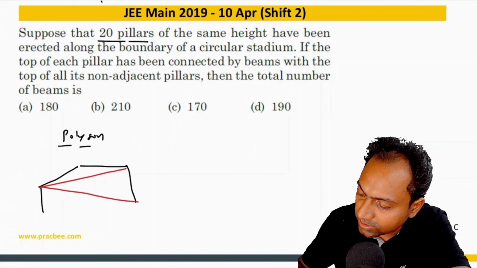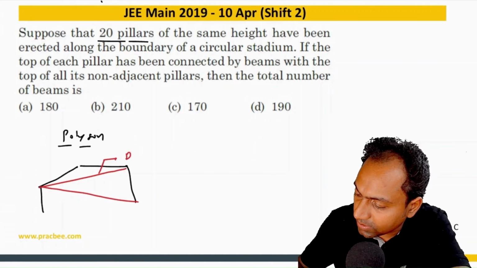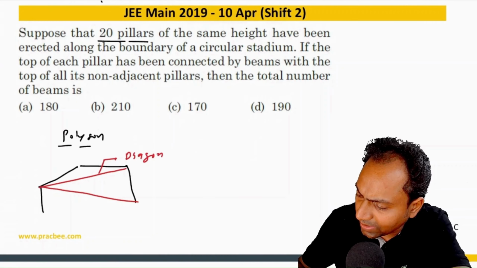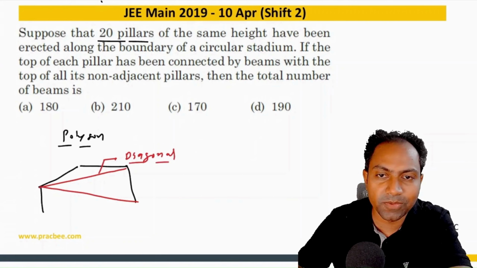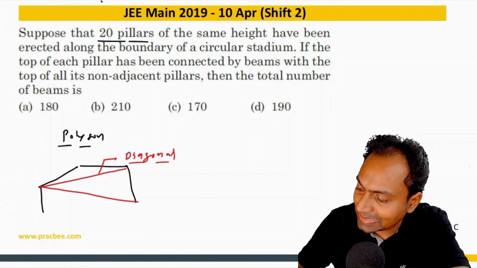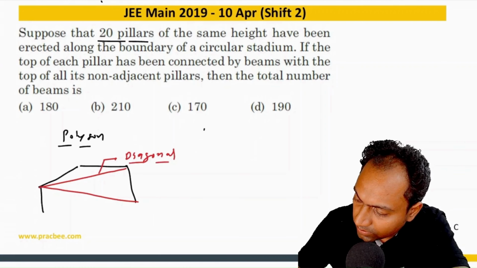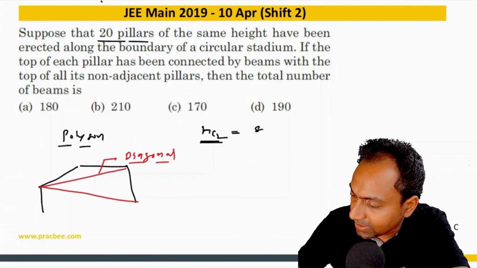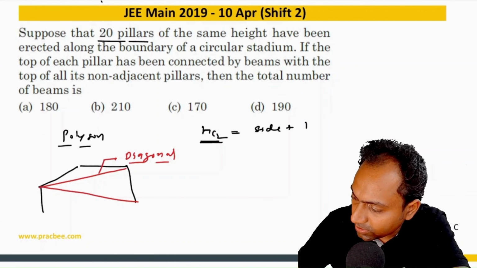If you connect non-adjacent sides, what you are going to get is the diagonal. We have a direct formula for that, but I will derive that formula for you. If you have an n-sided polygon, and I take nC2, it means I am taking any 2 points out of n, and this will either make a side or a diagonal.